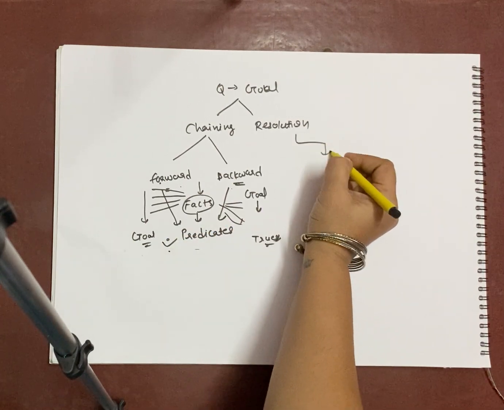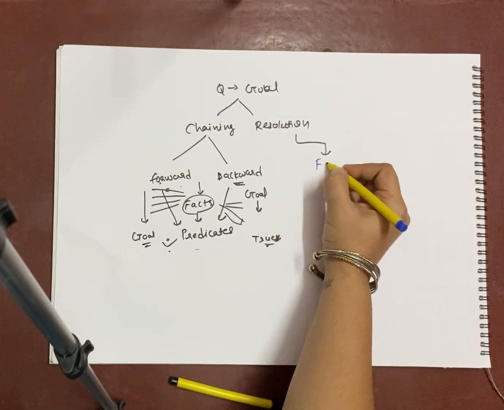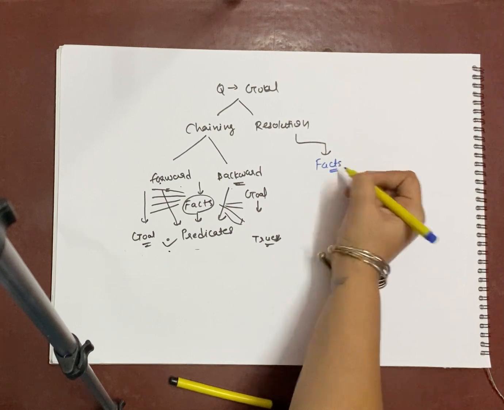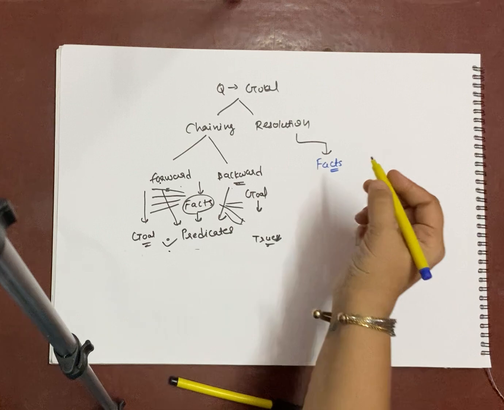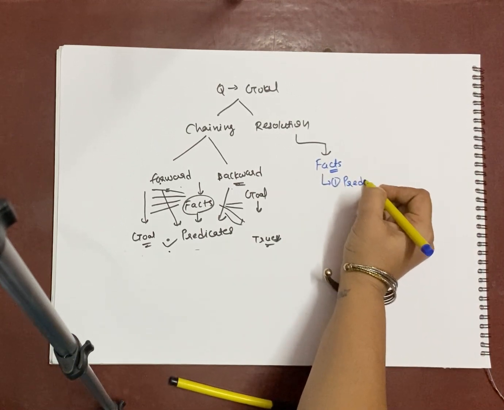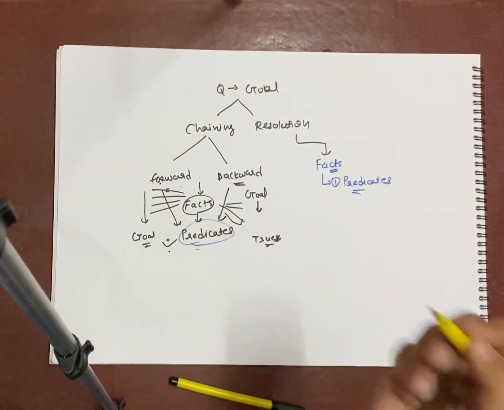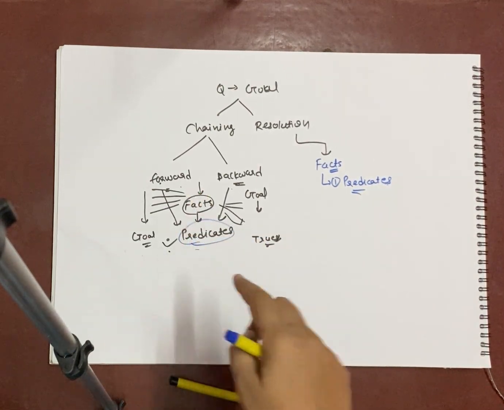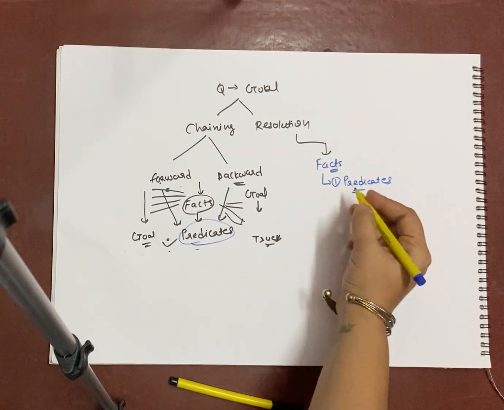Now we are going to discuss resolution. If we have to apply resolution, then once again we will have facts, which will be given to us and readily available. The first step is to convert them to appropriate predicates. These are the same predicates we discussed over here. So the first step of chaining as well as resolution remains the same: facts are converted to predicates.